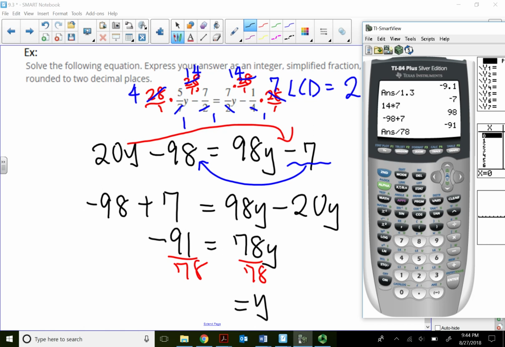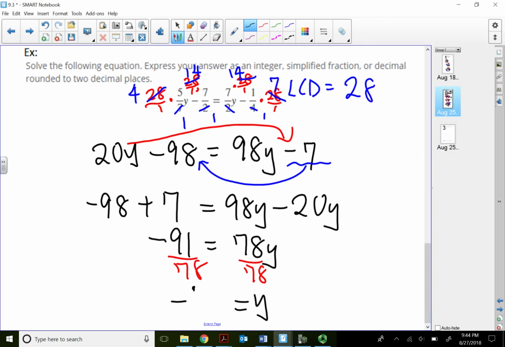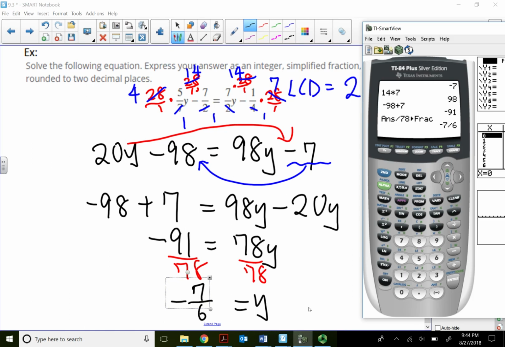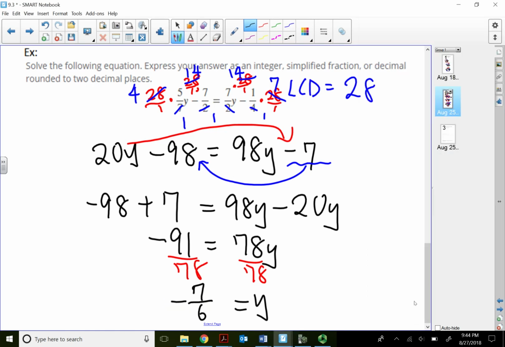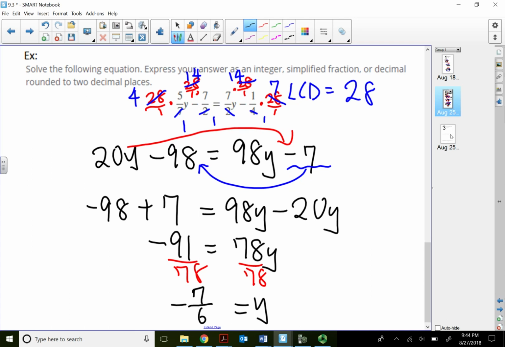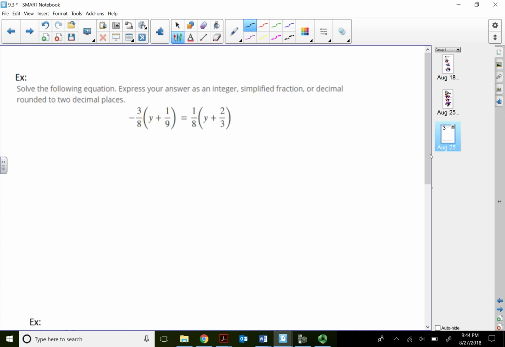Go and convert to fractions. Negative 7 over 6. Okay, negative 7 over 6. That will be my answer. Clear the fraction. Now let's take a look at some fraction equations involving parentheses.